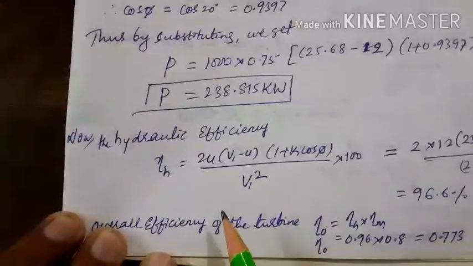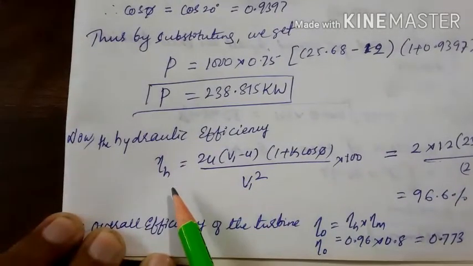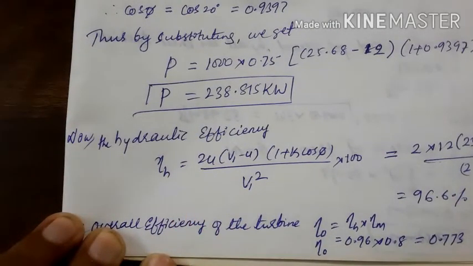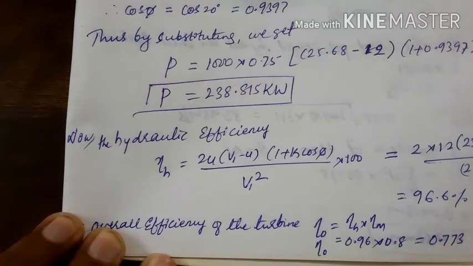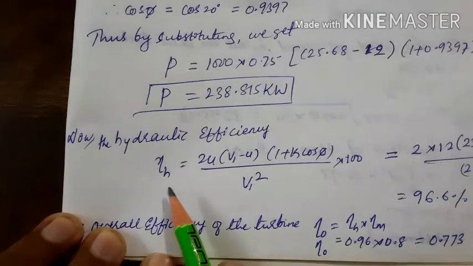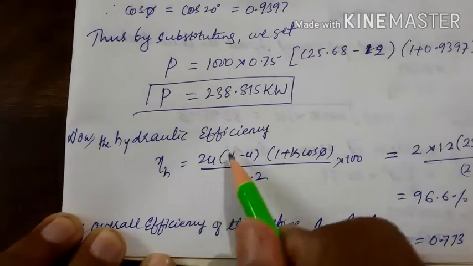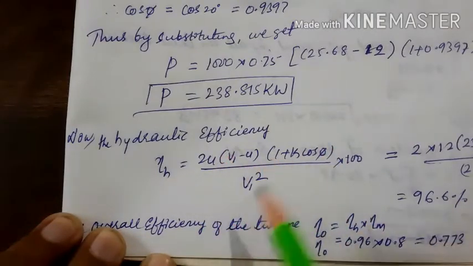Now the hydraulic efficiency you can calculate by using runner power by water power. Since the head is given, you can calculate water power, so you can calculate by using runner power by water power, or else if you remember the formula, you can use it and calculate the hydraulic efficiency here.